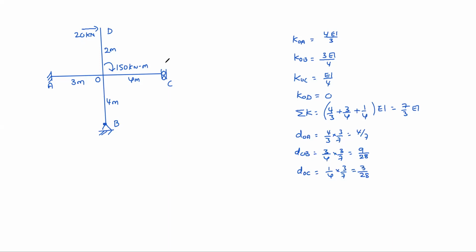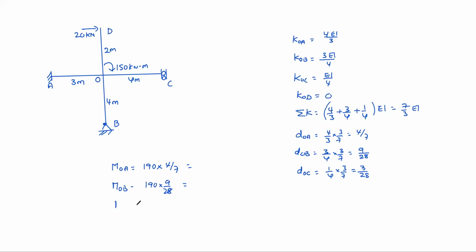Okay, so now total moment is 150 as well as 20 into 2, 190 moment is there. So moment of OA equals 150 plus 40, 190 multiplied by the OA distribution factor, 4 by 7. Moment of OB equals 190 into 9 by 28.